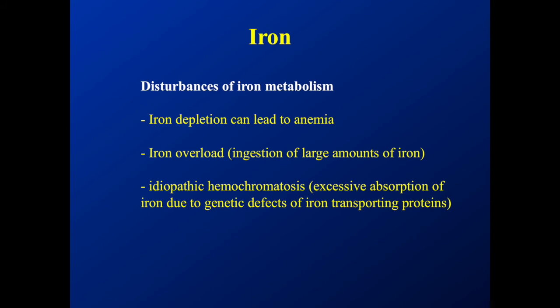That causes complications. This has been seen in Eskimo populations that eat a lot of polar bear liver in the winter. And then you can have congenital defects like idiopathic hemochromatosis, where you absorb excessive amounts of iron due to defects of iron transporting molecules, and this also has pathological effects.